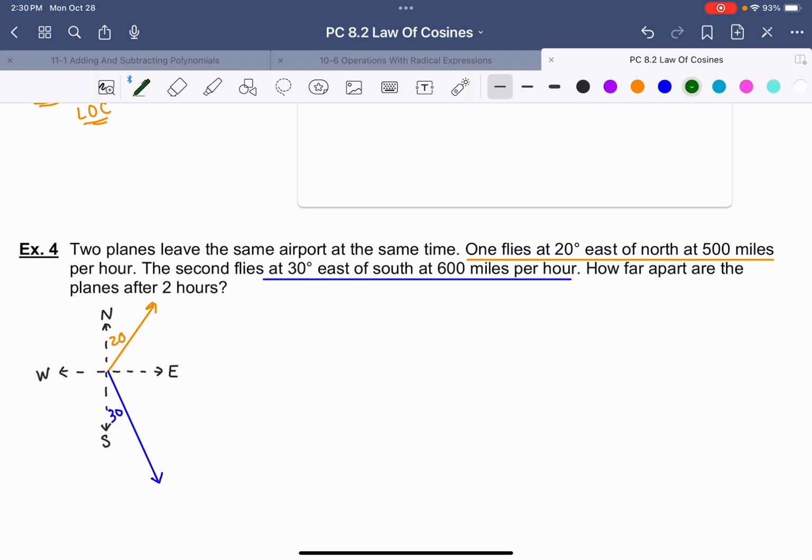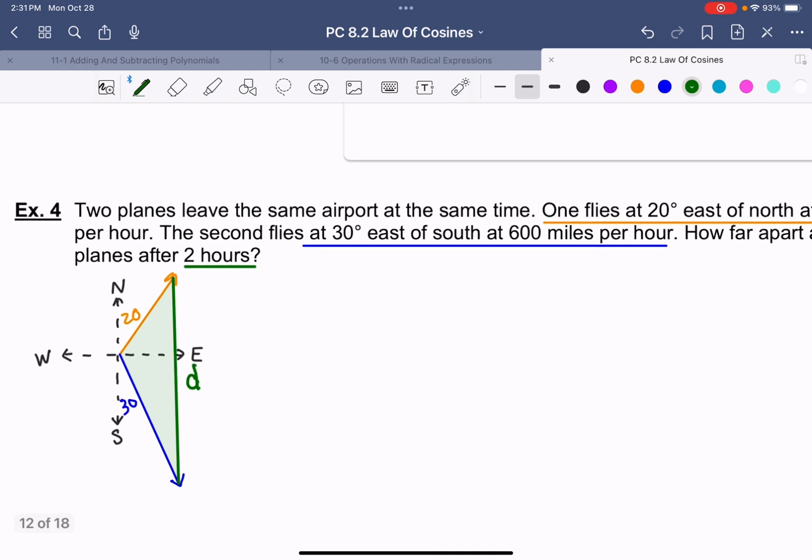We want to know what is the distance between these two planes, this distance right here, after 2 hours. Okay, so we can see by our nicely drawn diagram, north to south creates 180 degrees, so we can find this missing angle right here by taking 180 minus 20 minus 30. So we'll have a 130-degree angle created right here.